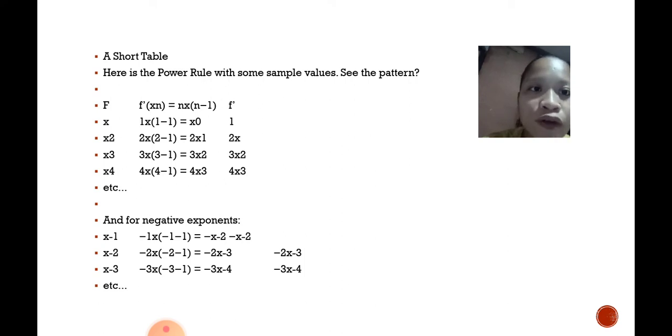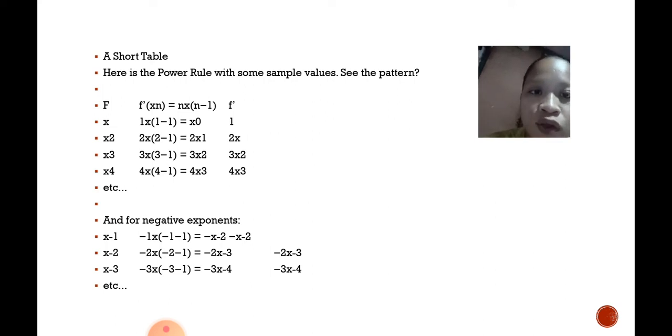And for the negative exponents, let's have x to the negative 1. Its derivative is negative x to the negative 2, because negative 1 minus 1 is negative 2.